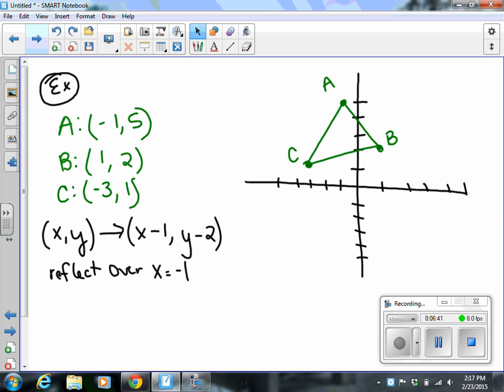All right, so to start off with, I'm going to go ahead and do my translation. So I'm going to subtract 1 from the x, and then I'm going to go down 2 from the y. Notice my shape might not stay the exact same, but we know that's because I do not have a true graph. All right, so then I've got my reflection line at x equals -1.